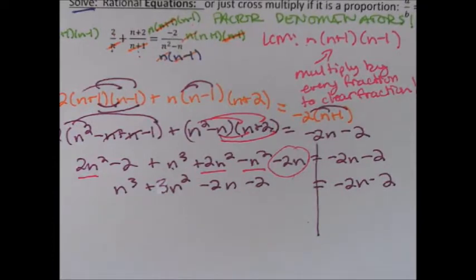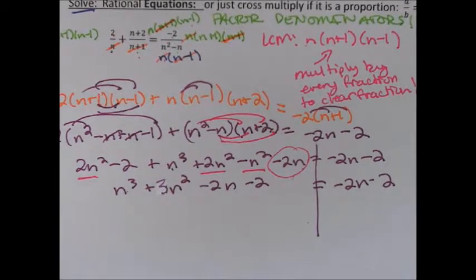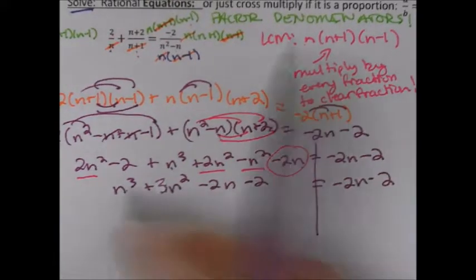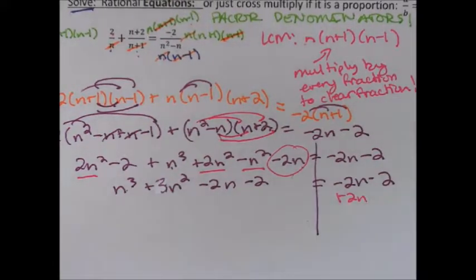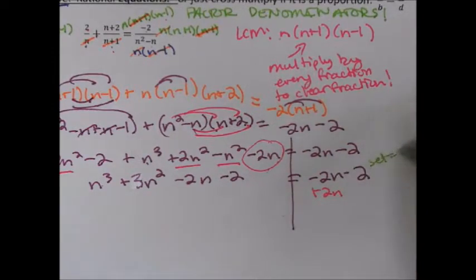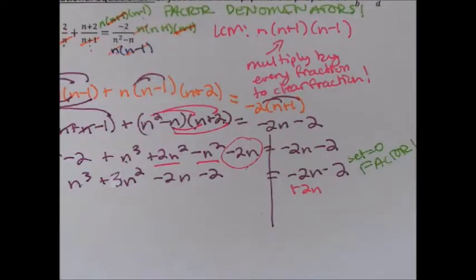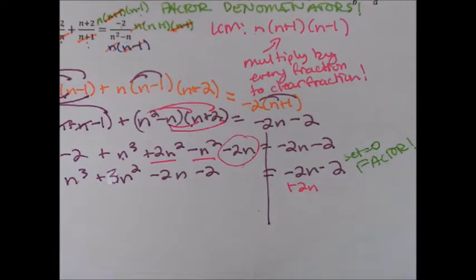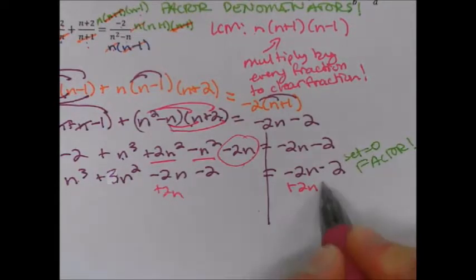All right, so whenever we have something higher than just an n, we have an n to the third, we're going to set it equal to 0, and we're going to have to factor. I'm going to add the 2n over, add the 2 over.